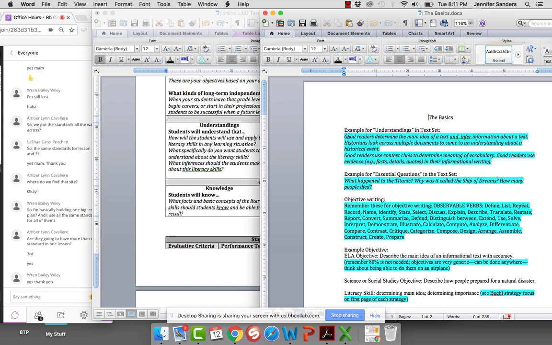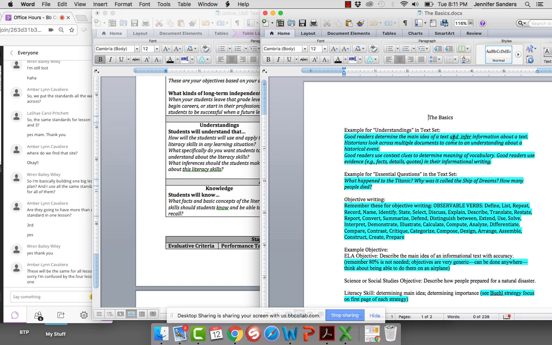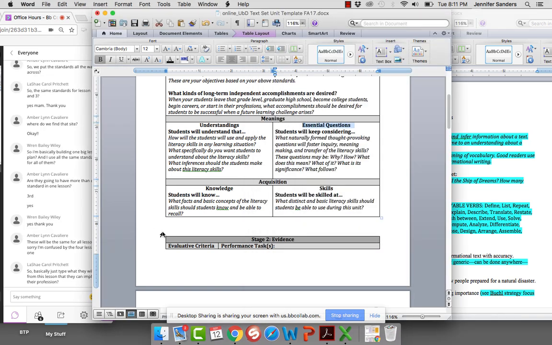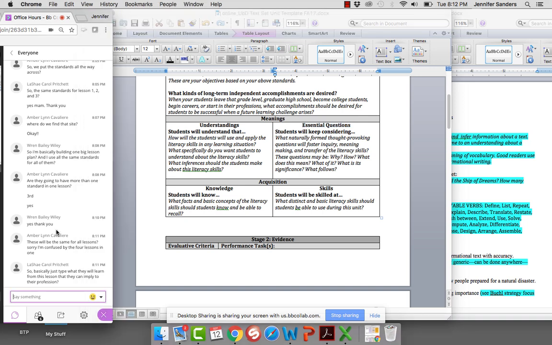Here's an understanding. Good readers determine the main idea of a text. Okay, good. When we talk about understandings and essential questions, yes, these are going to be the same throughout, from a lesson that we can apply. Yes.